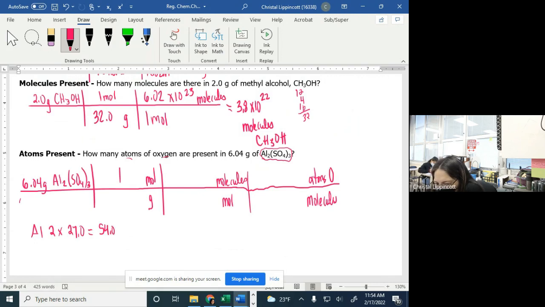I've got a sulfur, and I have 1 times 3. I actually have 3 sulfurs here. 32.1 is the mass on the periodic table there. So that's 96.3, I believe. Yep. Okay.